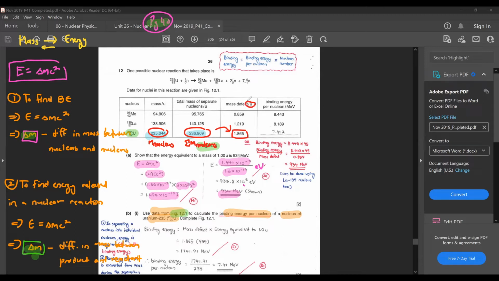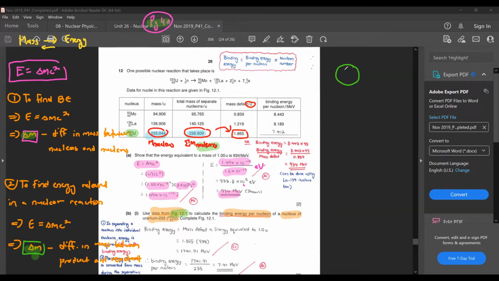Okay, so this difference in mass was actually converted into energy. All right, so I mentioned to you last time, when you're talking about binding energy, it is the amount of energy that you need to separate a nucleus into individual nucleons completely to infinity.